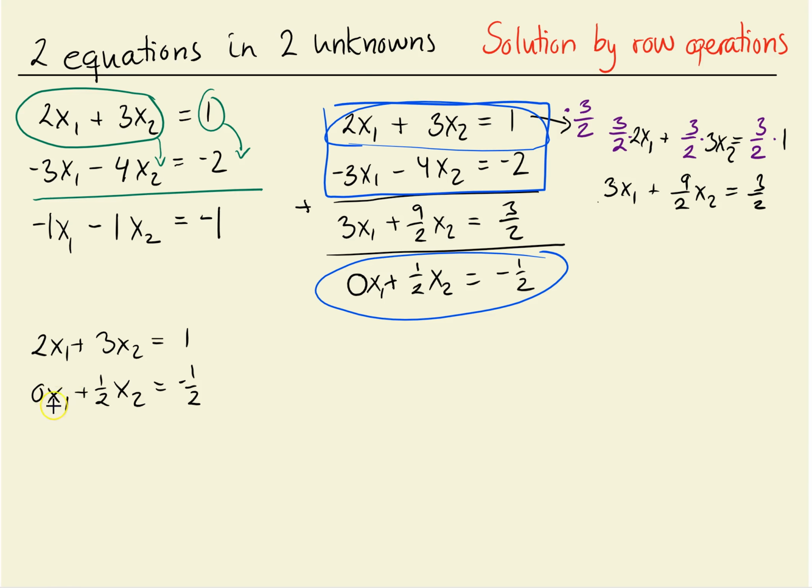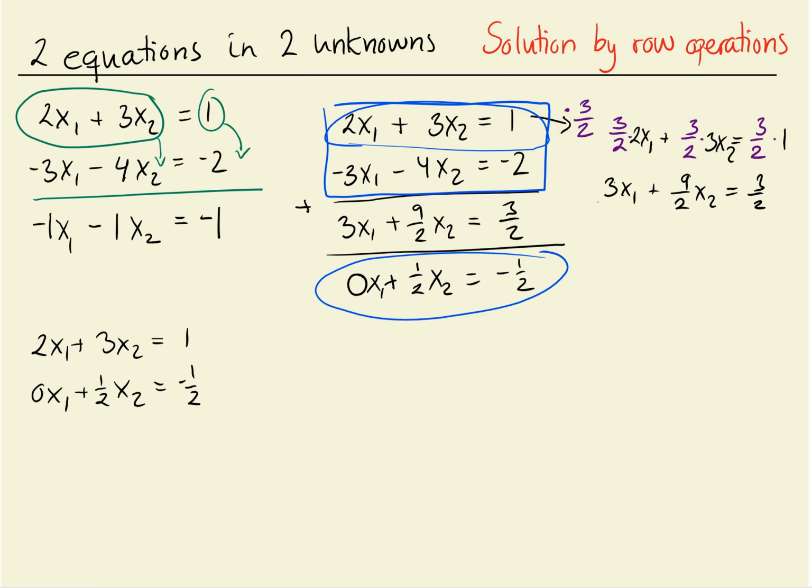So that means the x1 is eliminated from this second equation. Now I would like to eliminate x2 from the first equation. So I have to find a clever row operation that I can somehow modify this second equation and add it or subtract it from the first equation in order to make this x2 disappear from the first equation.